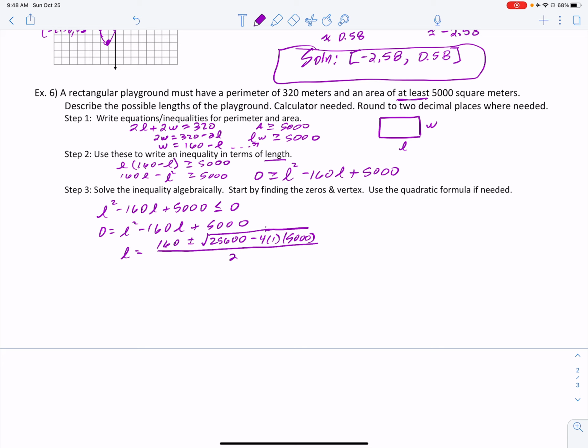And don't try to reduce the 2 and the 160, you can't, because you don't have a number in front of the radical that is divisible by 2. And so that's 5,000 times 4 is 20,000. So if I subtract, you don't have to do too much simplifying because you're going to use a calculator anyway.